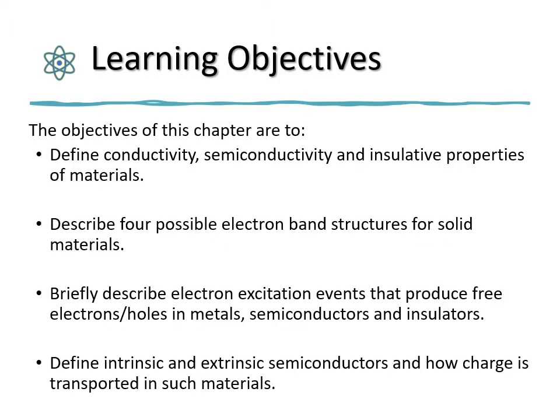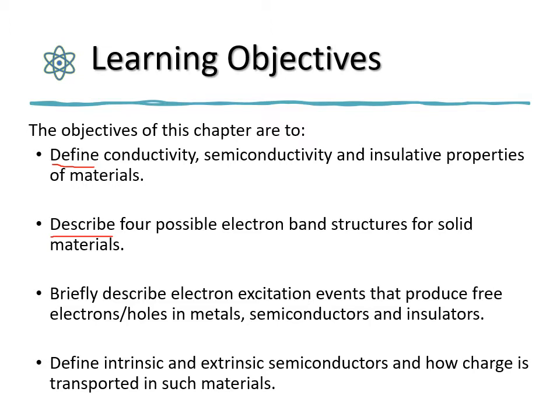So, at the end of this chapter, you should be able to first define conductivity, semiconductivity, insulative properties of materials. Second, you can describe four possible electron band structures for solid materials.